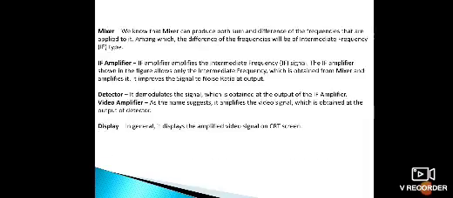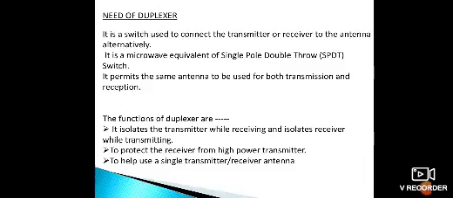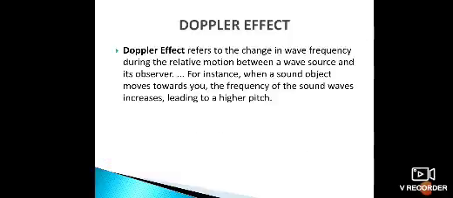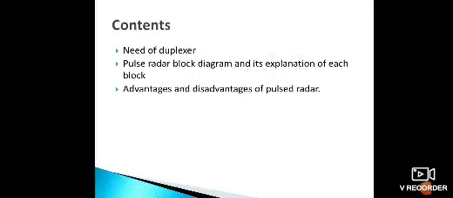Whenever we use pulse radars, what is the main block diagram of pulse radars, what are the main blocks used in pulse radars, what is the Doppler effect, and what are the main advantages and disadvantages of pulse radars. Based on that we did 3 or 4 questions, a quiz on pulse radars.